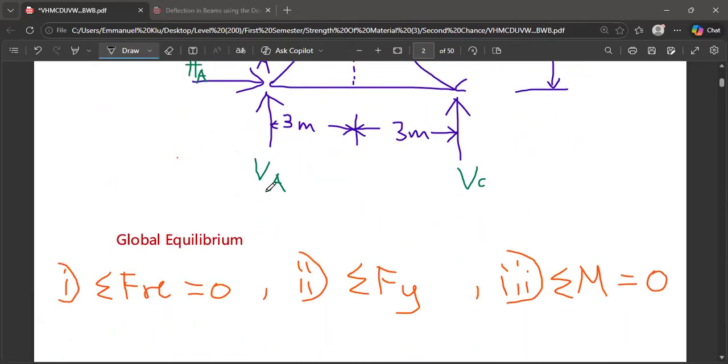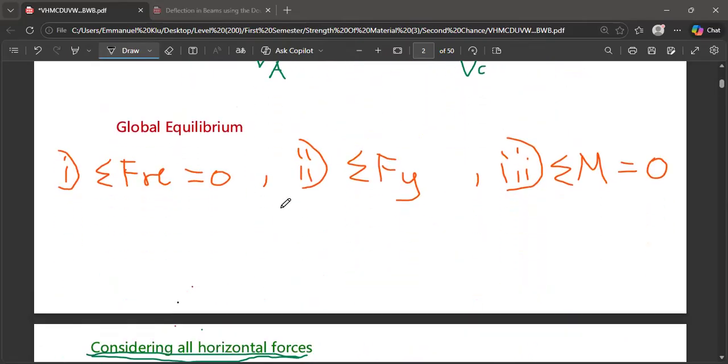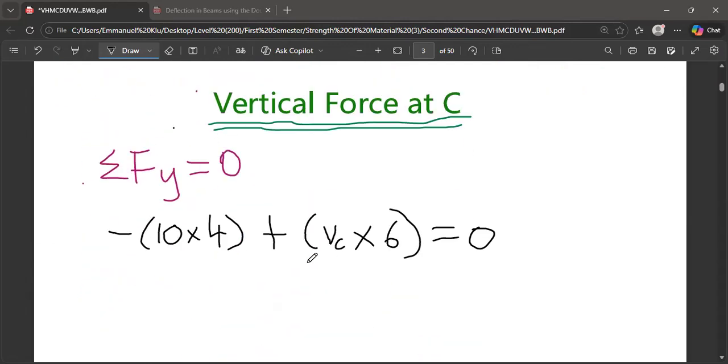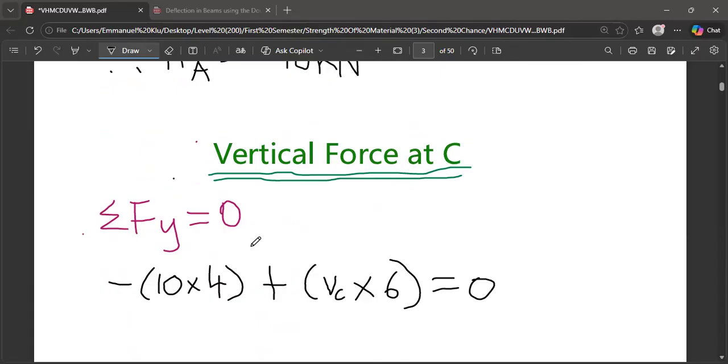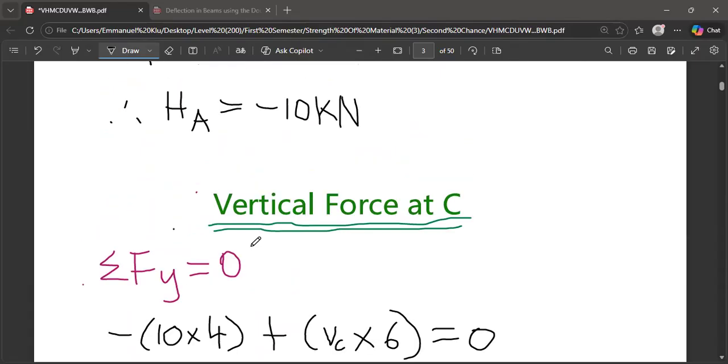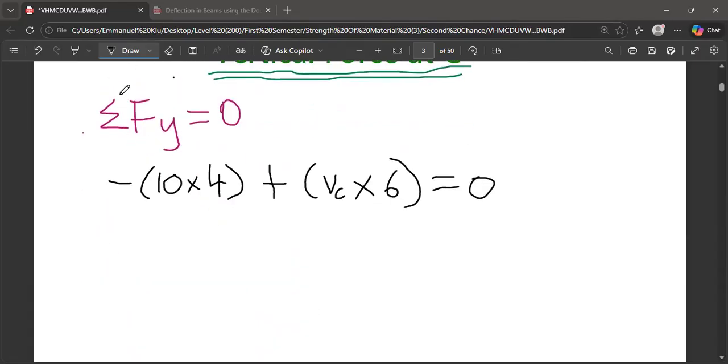But we can just adopt a very, very simple method to solve that too, and life becomes easier. So let's go and calculate the vertical force at A also, and let's proceed.